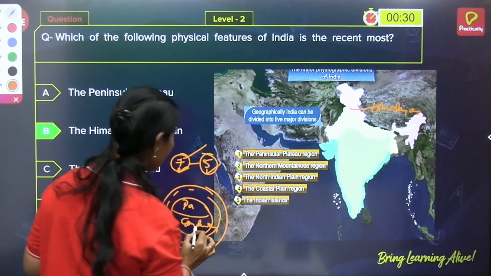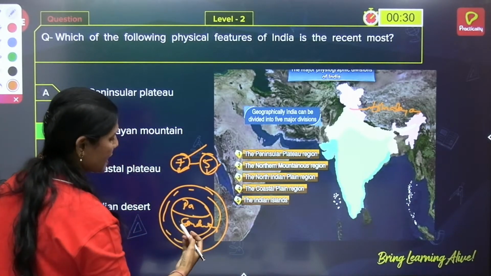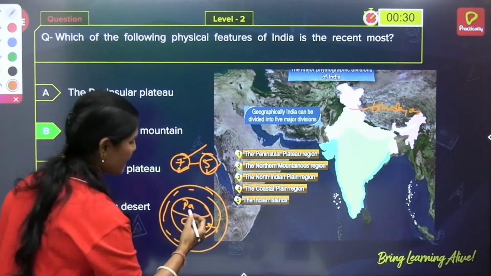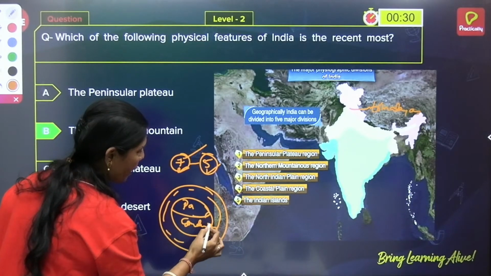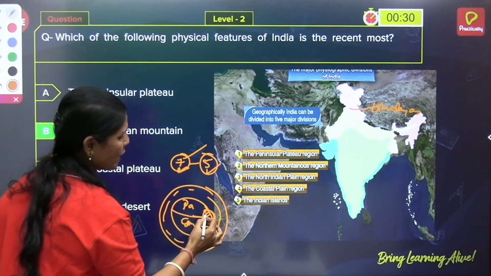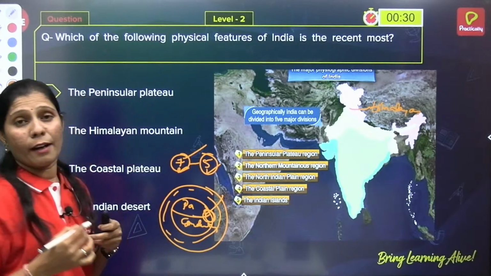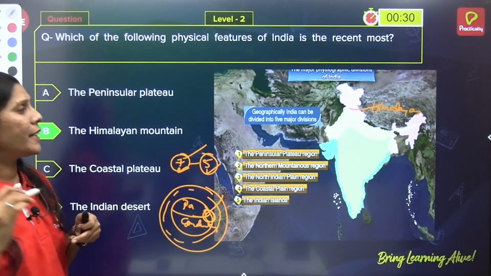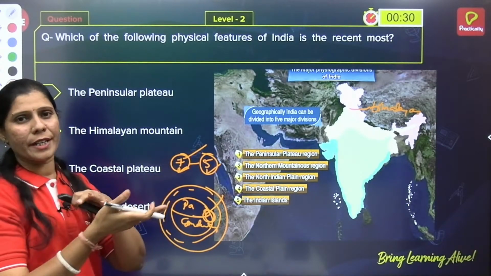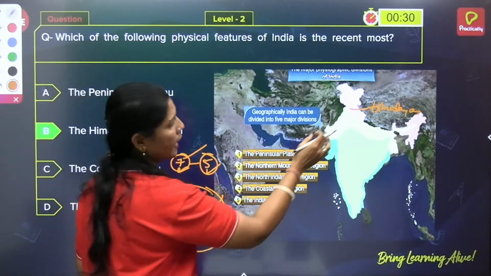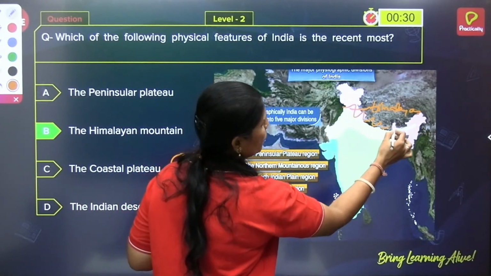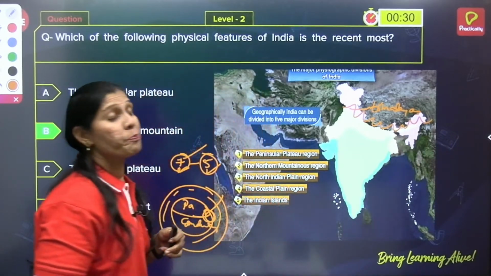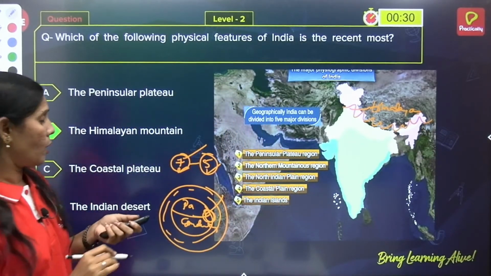When the Gondwana landform extended towards Pangaea, a part of this landform was attached to the Eurasian plate, and as it spread, foldings occurred at these areas. We call them the Himalayas.